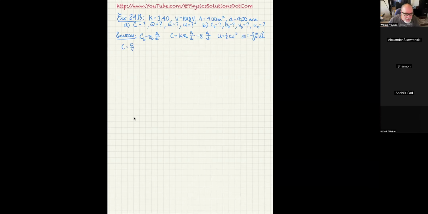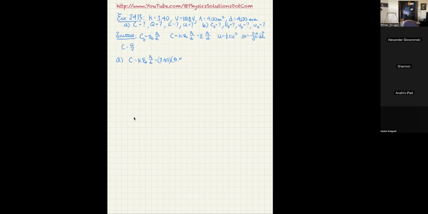Okay, so for part A, we're first asked to find the capacitance, and the capacitance is equal to K epsilon 0 A over D. K, of course, is 3.40. Notice the dielectric constant has no units.